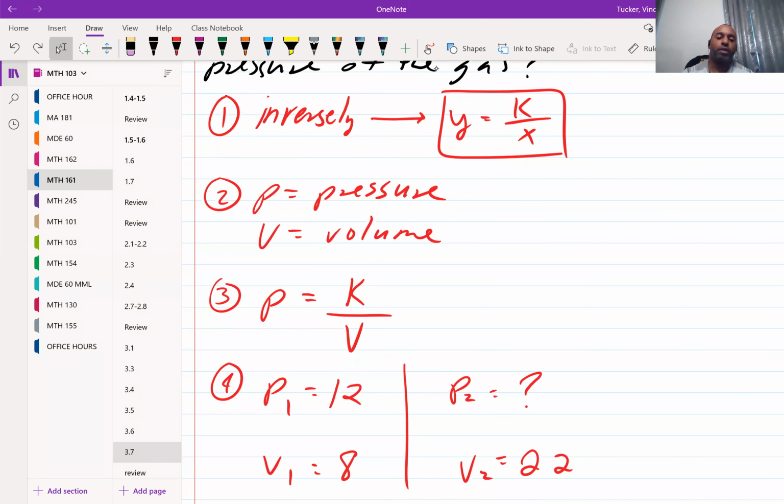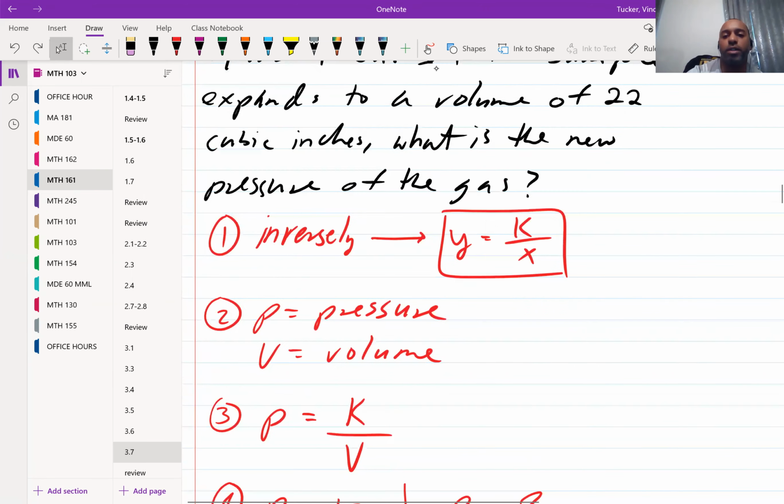So the pressure is 12, volume is 8 for the first relationship. For the second one, we don't know what the pressure is, but it gives the volume of 22 cubic inches.